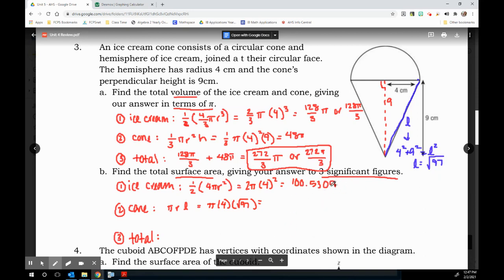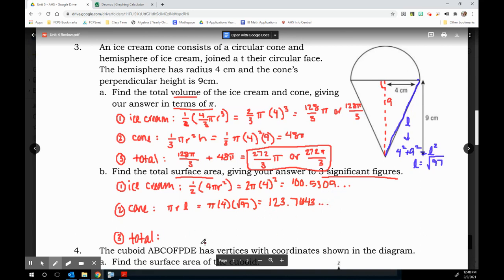So my ice cream surface area is around 100.5309. My surface area of my cone is around 123.7643. I'll add ellipses to indicate that they do go on for longer than that, but that's just what I'm using here.